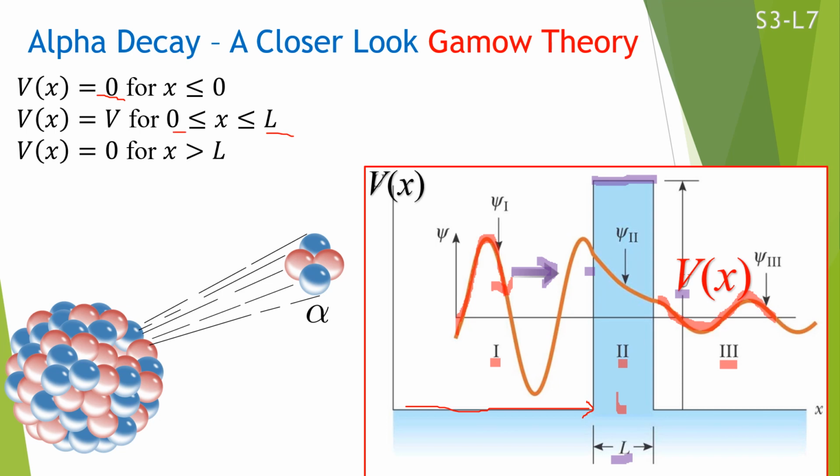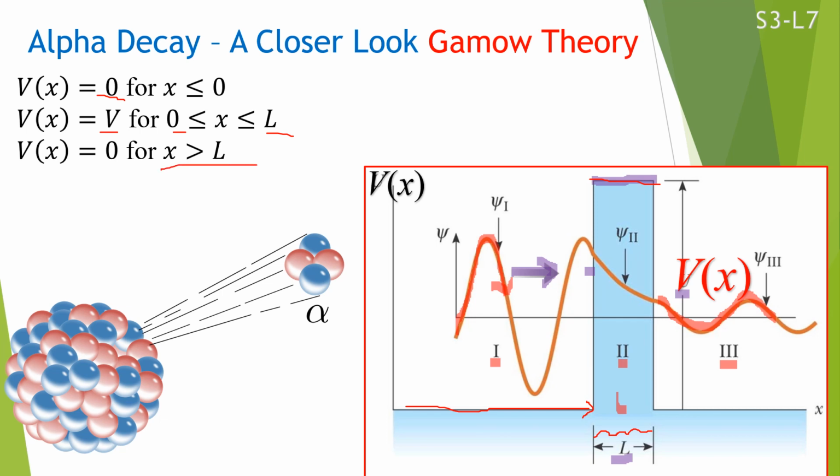Now let us deal with this problem in a mathematical way. V of x, that is the potential, is 0 in region 1. So the potential level is 0 here.